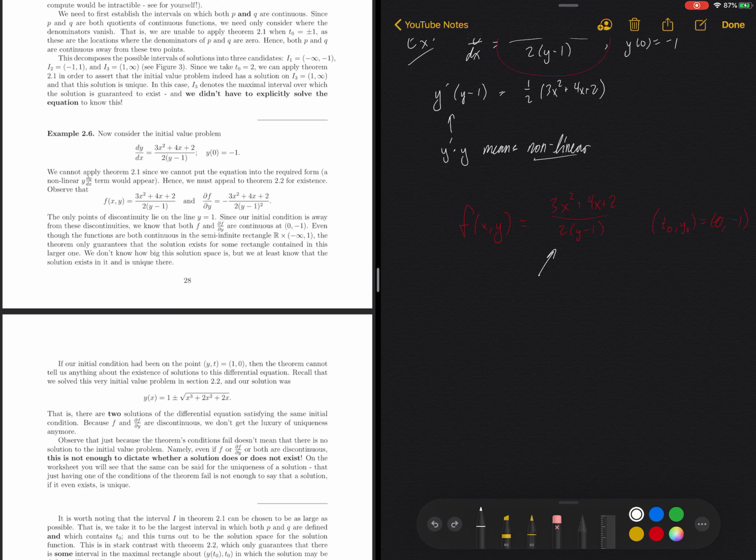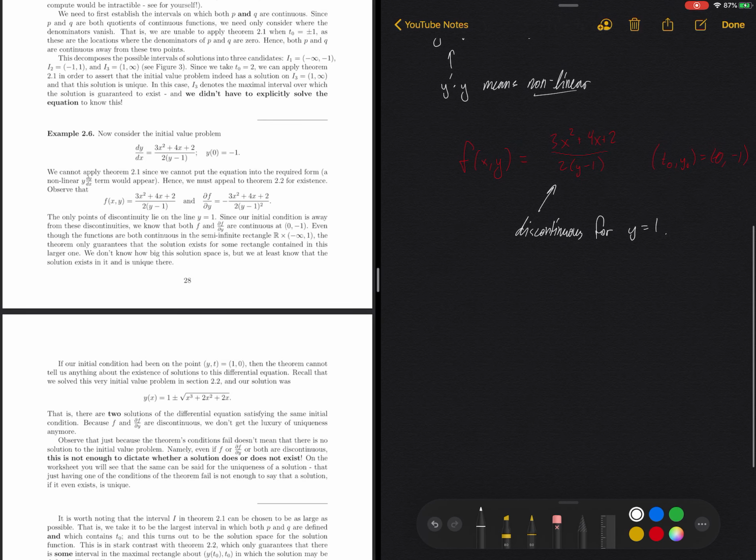Great. Now, I need to make sure that this is a continuous function at that location, right, at this initial condition. And the only places where this is discontinuous is for y equal to 1. So any point in the plane where y is equal to 1 is what's going to wind up giving part of this rectangle. Let's see. We could also check out partial f, partial y.